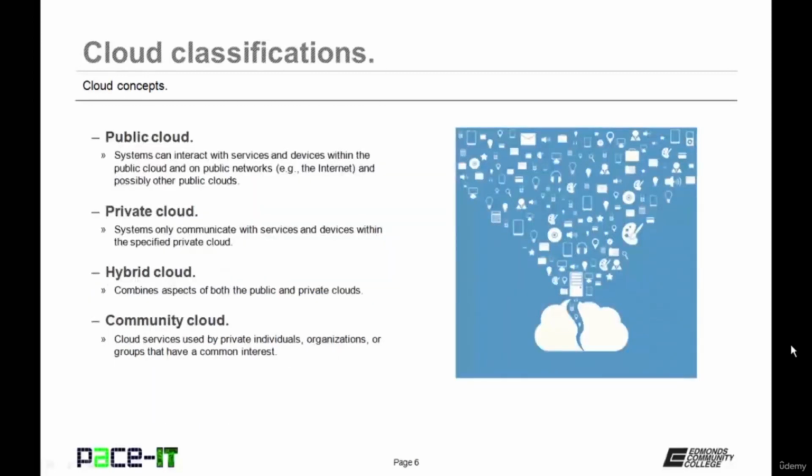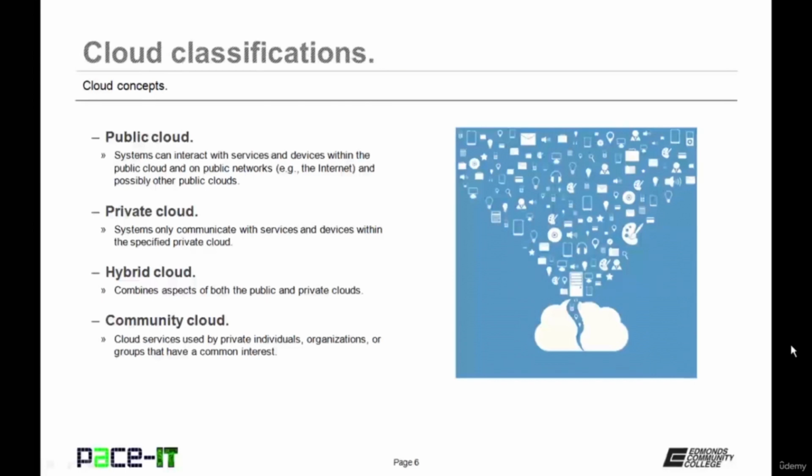There are 4 basic cloud classifications. There is the public cloud. This is where systems can interact with services and devices within the public cloud and on public networks, as in the internet, and possibly other public clouds.